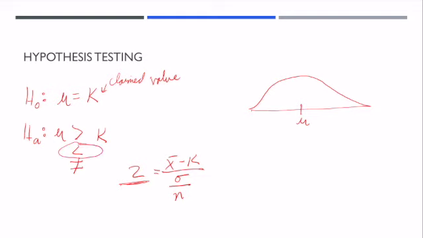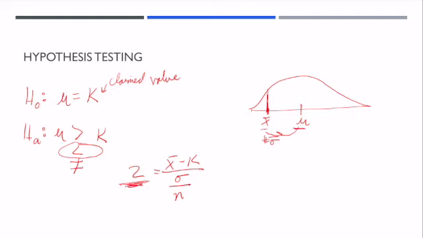So here I have my possible value for my sample mean. And what I'm doing with this z-score is I'm finding how many standard deviations my sample mean is away from the population mean.